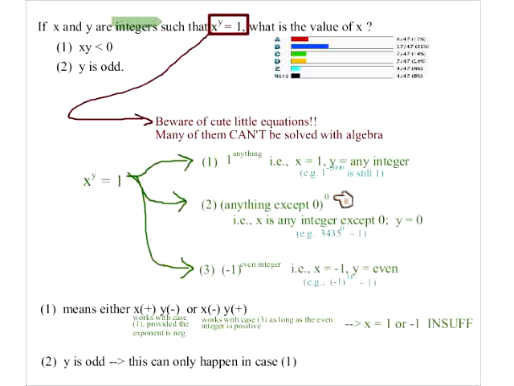So in this possibility and this possibility, y is an even number. So y is odd rules out anything except this. So we don't know what y is, but we do know what x is. This means that x has to be 1. So that's sufficient.